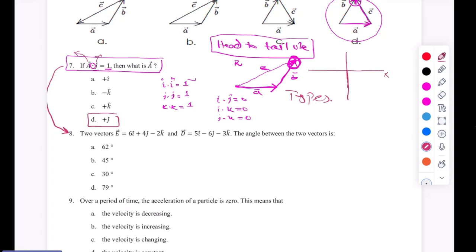This is your x, this is your y, this is your negative x, and this is your negative y. In each direction this is positive and this is negative. So we need to decide in which direction this is going. But if you don't have anything, apply this rule: head to tail. First vector head, second vector tail, and the third also gives you the result. Doctor, some people think that the answer is A.